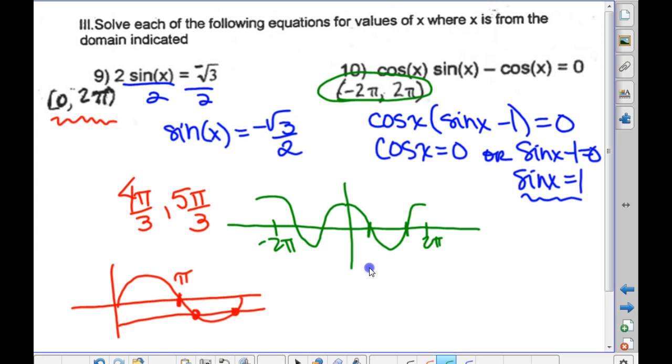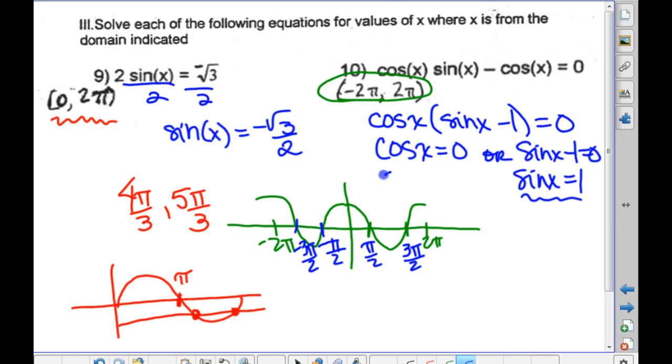Where's x 0 at? Pi over 2 and 3 pi over 2. So what do you think if we're going all the way to negative 2 pi? Negative pi over 2 and negative 3 pi over 2. Does the graph help you see the symmetry? Okay.